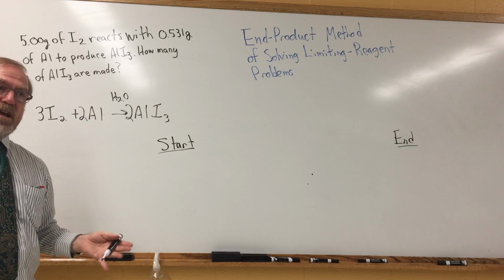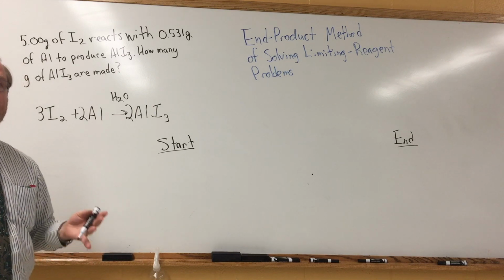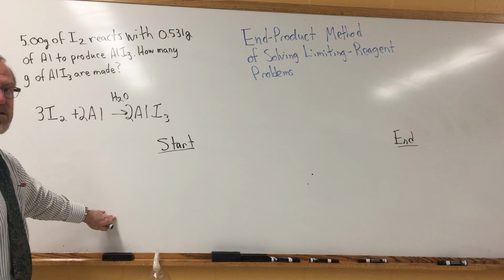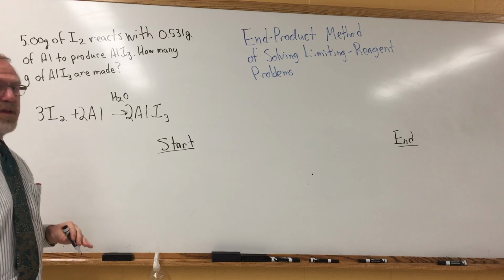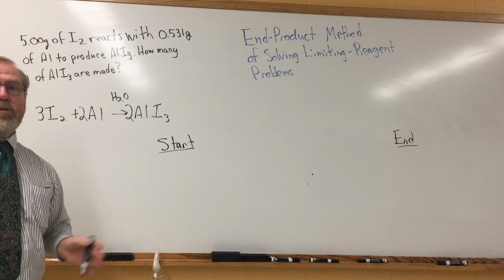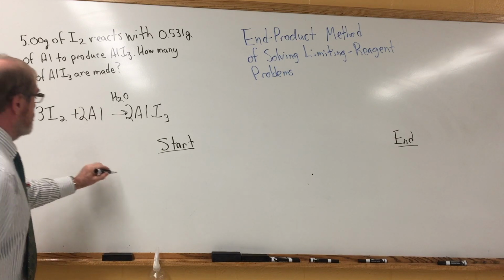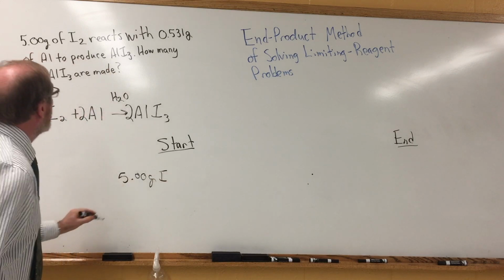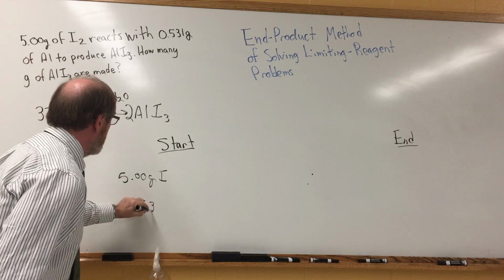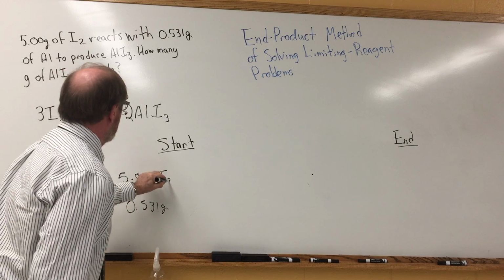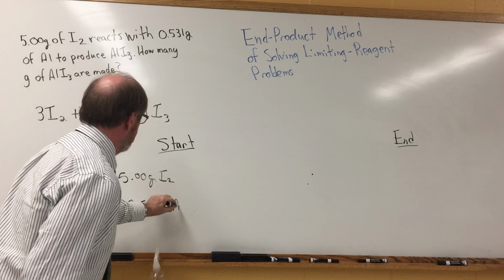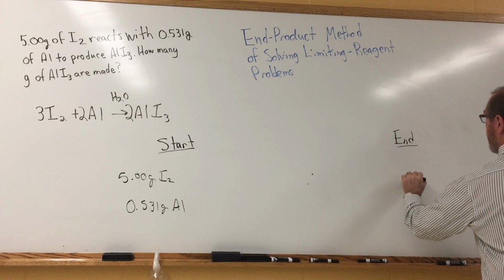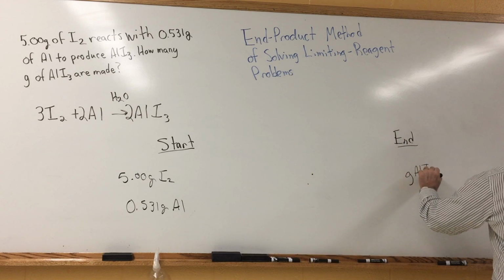When we finish, whichever one makes the least number of grams of aluminum iodide, whichever reagent that was that started, whether it's the aluminum or the iodine, that one will be our limiting reagent. So our start is 5 grams of iodine, or 0.531 grams of aluminum. And our endpoint for both is grams of aluminum iodide.